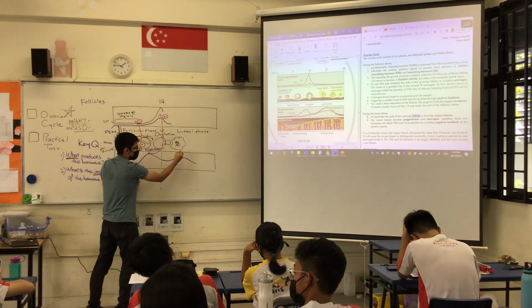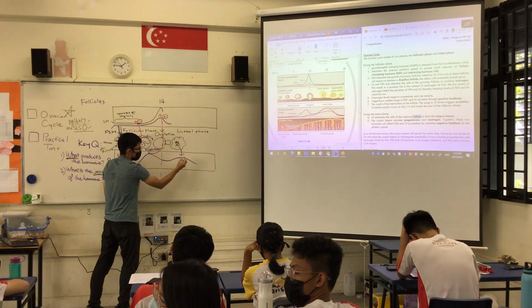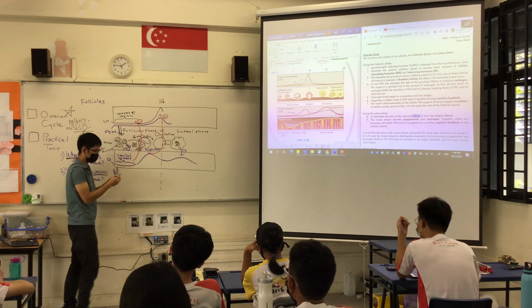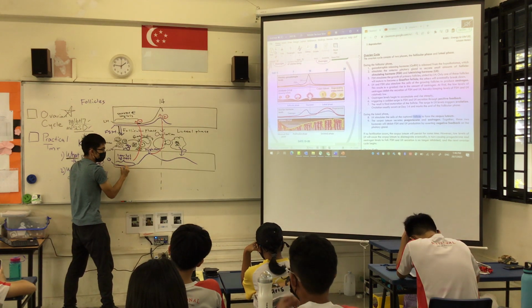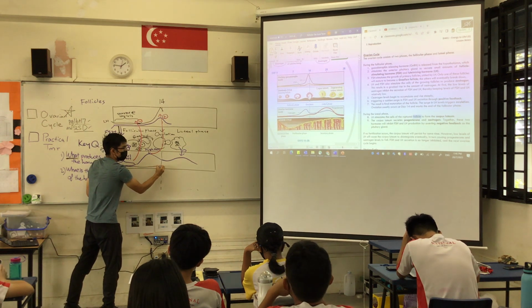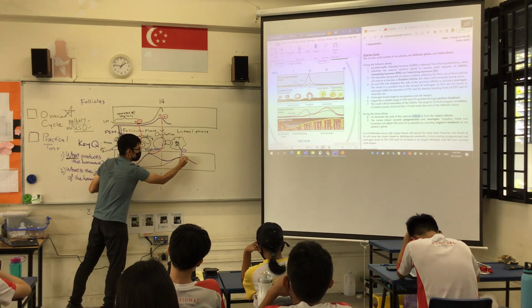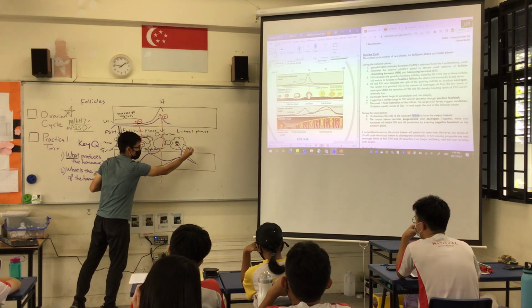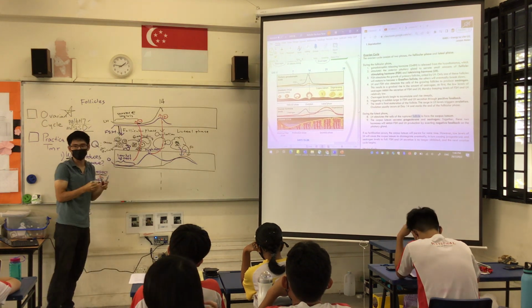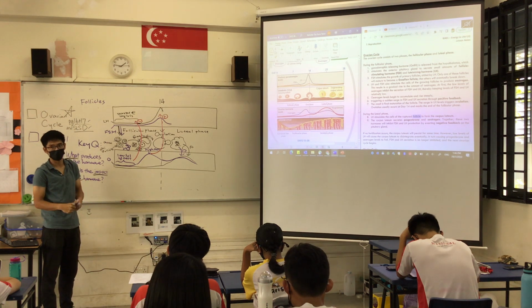This slight rise is because the corpus luteum is producing estrogen. If you look at the graph for progesterone, it has been rather low this whole time, but then suddenly there's a rise also. This rise is because this ruptured structure is producing the hormone, progesterone. That's what they're trying to show.